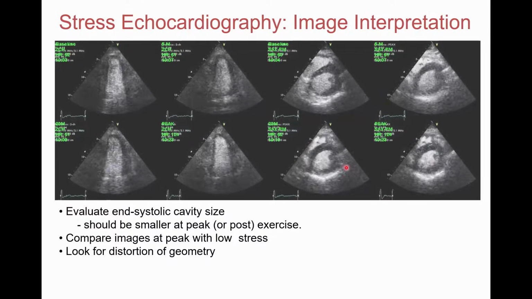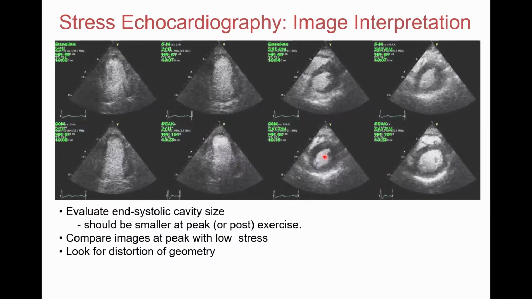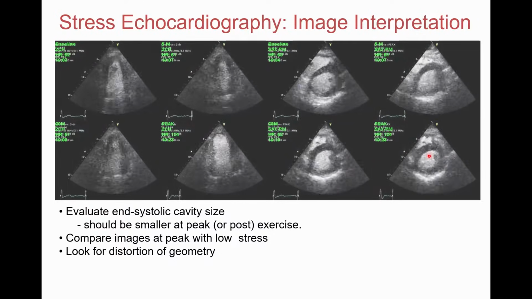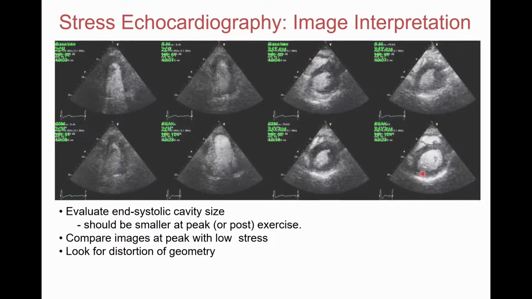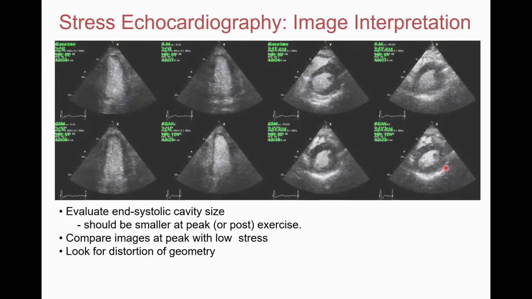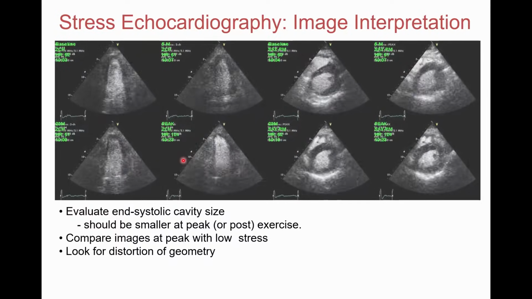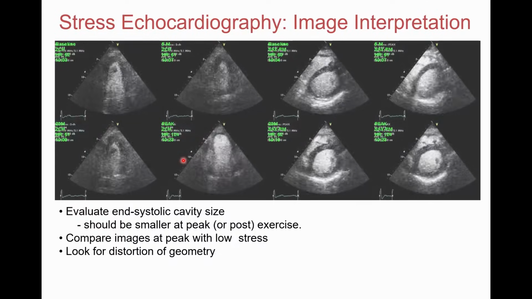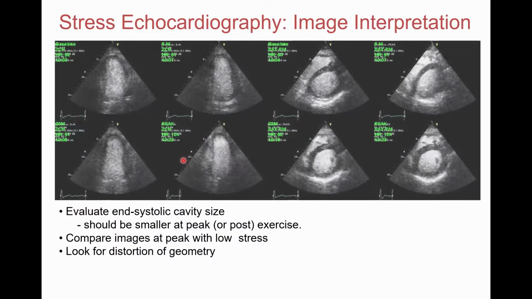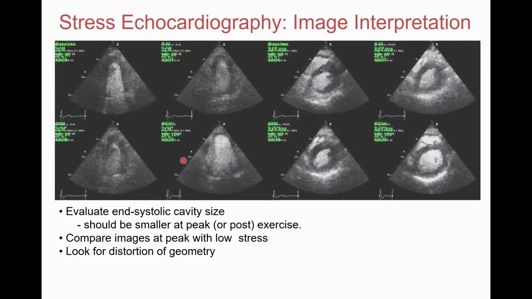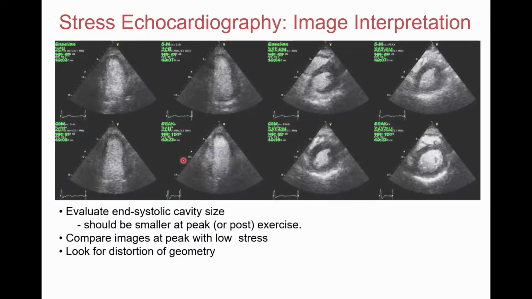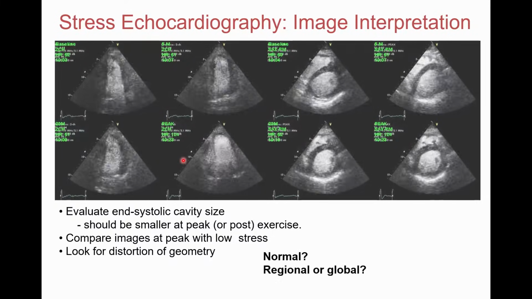Look at the short axis. Now, and look at it here. So there's been a dilation at end systole of the whole cavity, but we're seeing it pretty much in all the segments. So this is basically a global drop in EF with stress. And we'll get to that in a minute.